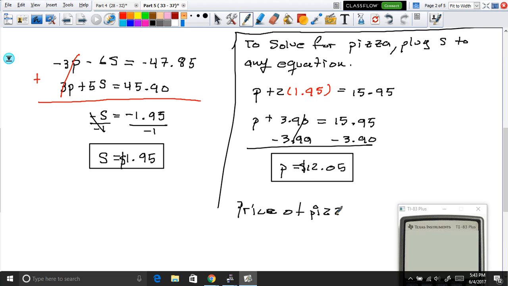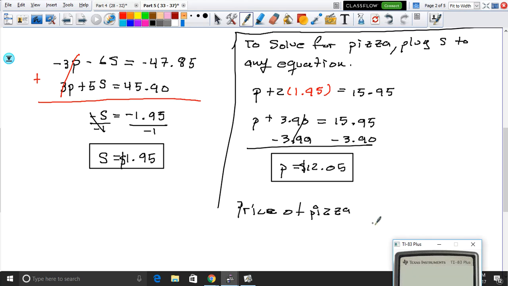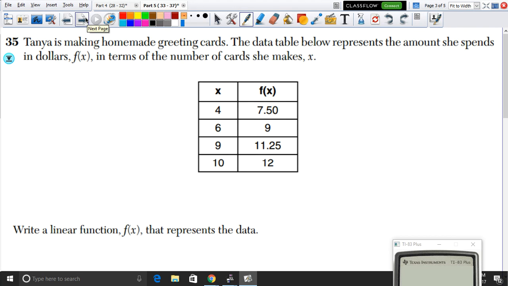Okay, the price of pizza is 12.05. Cool, perfect. We're almost done.